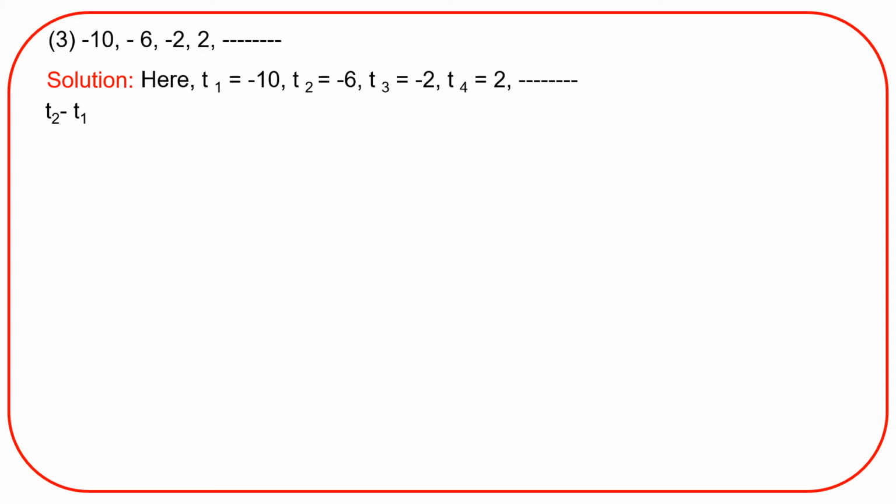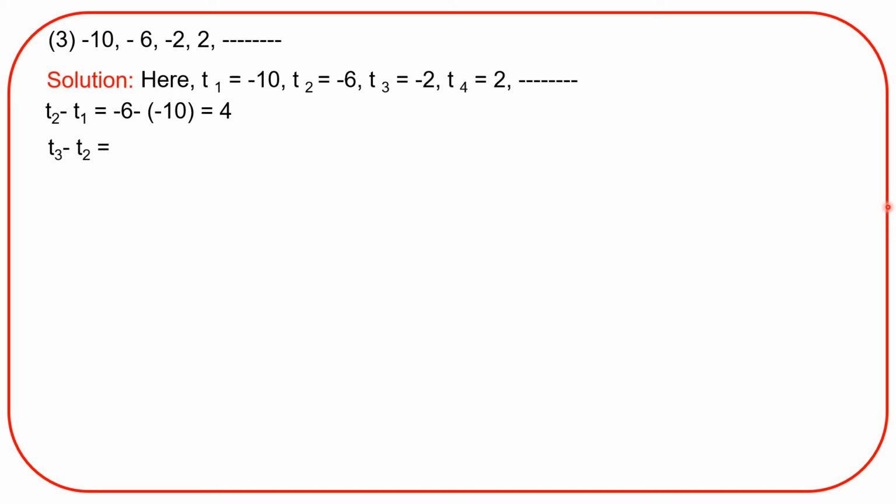T2 minus T1 is equal to minus 6 minus minus 10, is equal to 4. Minus 6 plus 10, that is equal to plus 4.